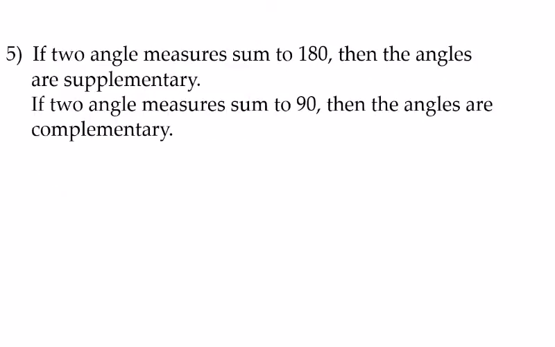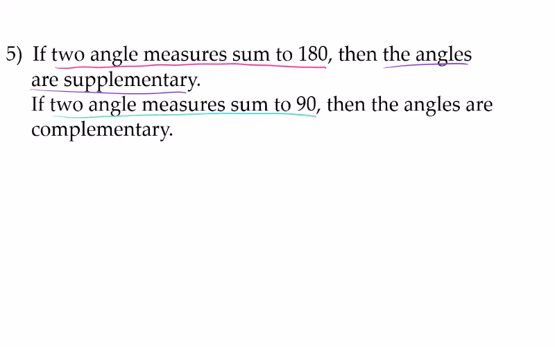All right, and then finally number 5: if two angle measures sum to 180, so that's our initial hypothesis, then the angles are supplementary. The next statement: if two angle measures sum to 90, so here this is a whole different statement, right?